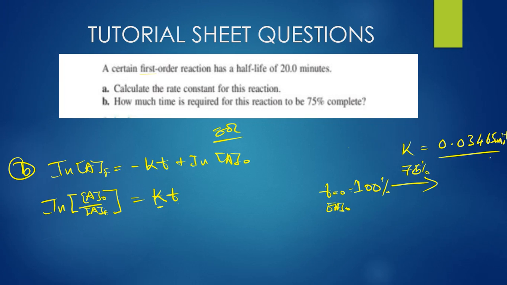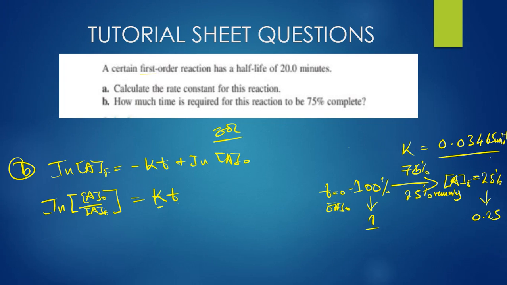For it to reach 75% completion, we're having 25% remaining. So here we're going to have the final concentration, which is going to be 25 percent. You take this one in a ratio: 25 divided by 100, you're going to have 0.25. And then the ratio of the initial, 100 divided by 100, is going to give you 1.